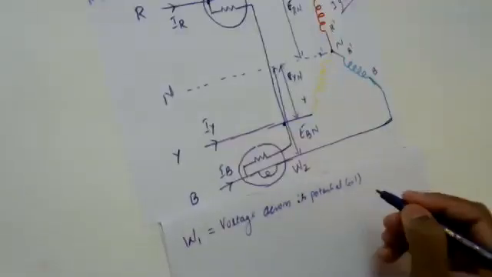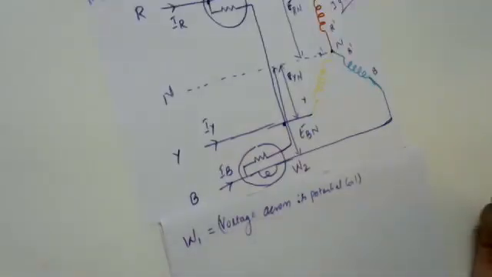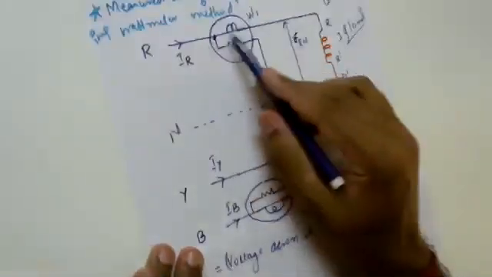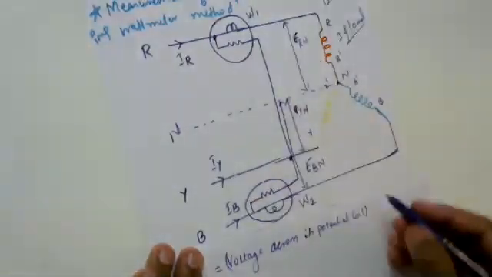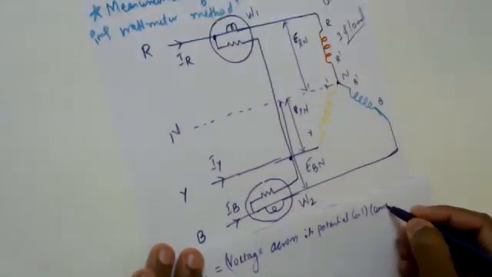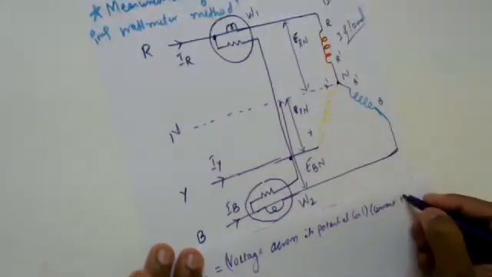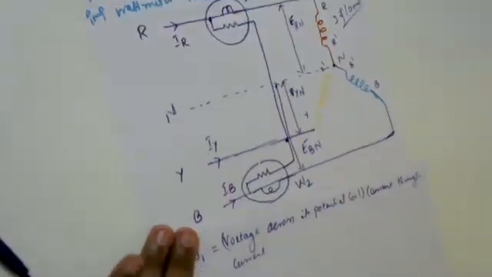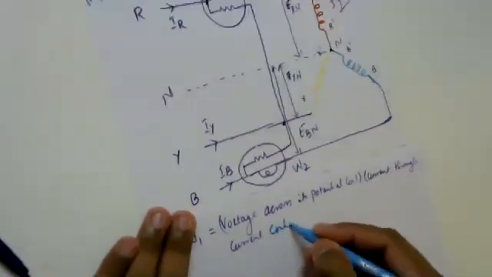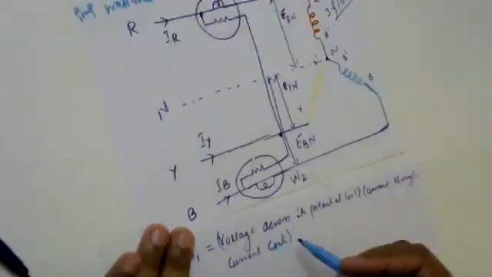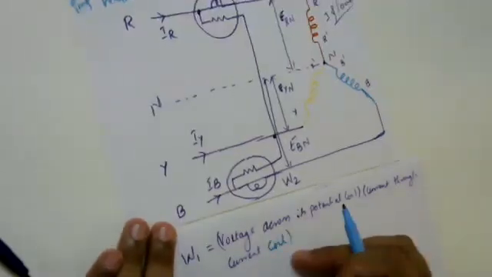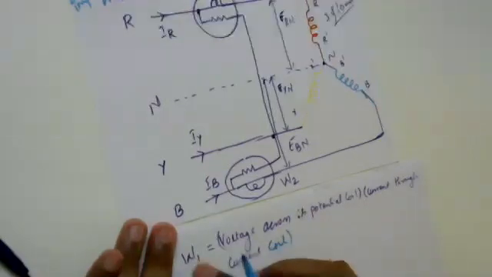into the current through the current coil, into the cosine of the angle between the voltage and current, because it's VI cos phi, because it reads the power, wattage.